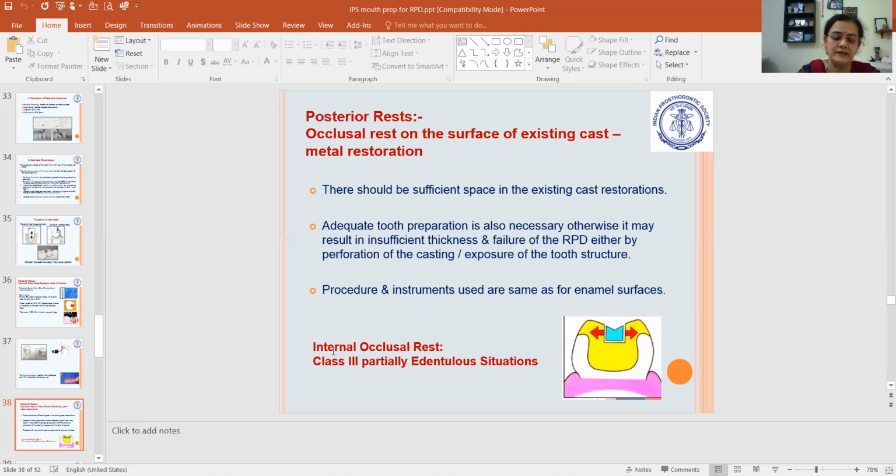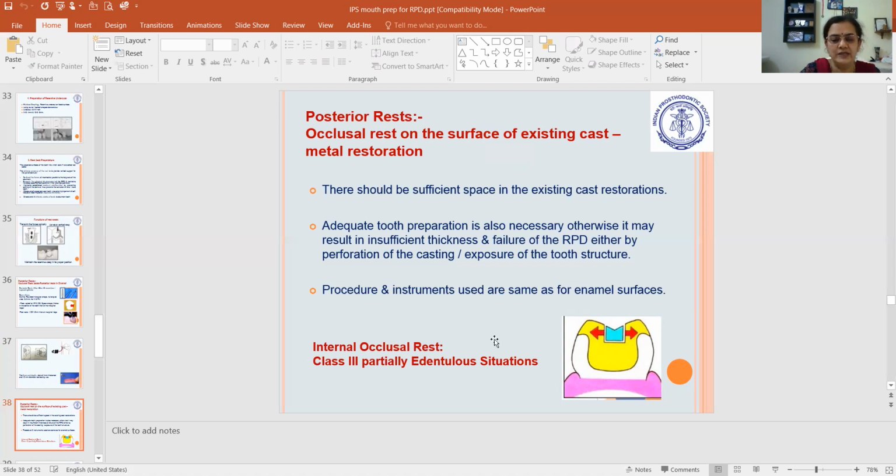Sometimes, in class 3 partially edentulous situations, there is a need to make internal occlusal rests. It is a dotlike depression, slightly tapered and slightly convergent, which is mainly used in class 3 tooth-borne partially edentulous situations, depending on the clinical situation.